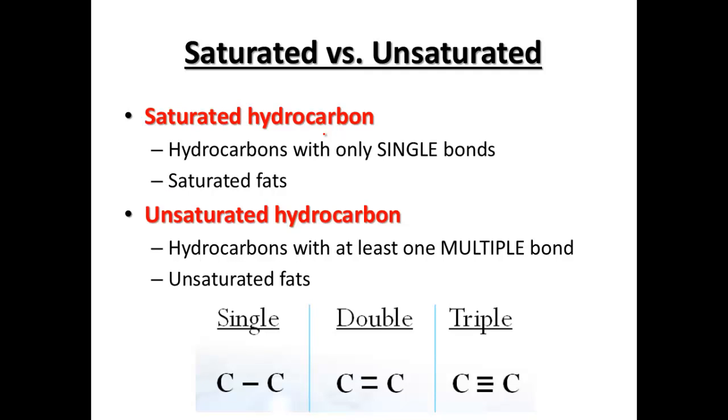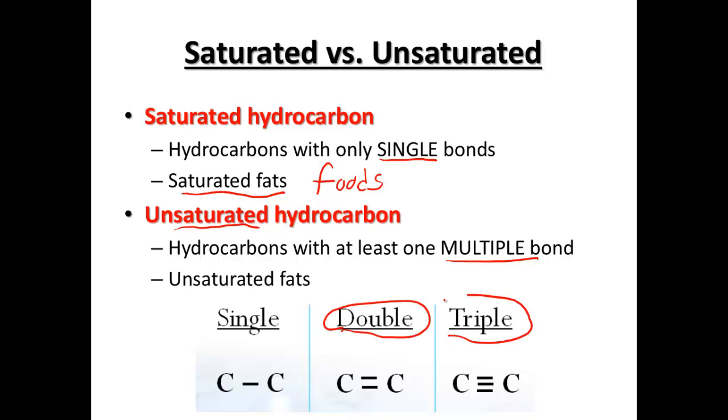Saturated hydrocarbons are carbons with single bonds only. A lot of times you're going to hear about saturated fats when it comes to your different foods. So saturated means that they only have single bonds. Unsaturated hydrocarbons have at least one multiple bond, meaning we have a double bond or a triple bond in there.